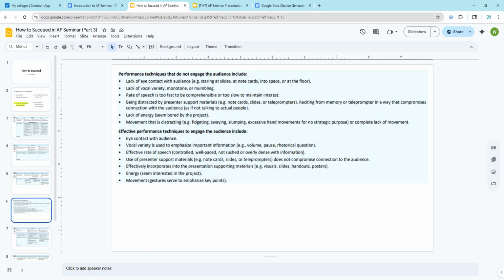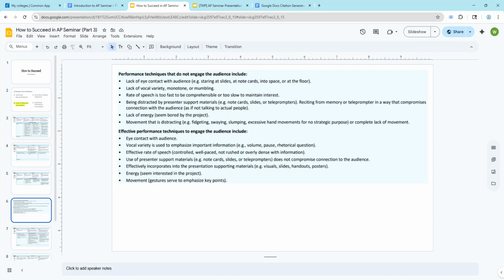So, now let's talk more about performance techniques that are not helpful versus those that are extremely helpful. Performance techniques that do not engage the audience include lack of eye contact with the audience, staring at slides, at note cards, into space, or at the floor; lack of vocal variety, monotone, or mumbling. Rate of speech is too fast to be comprehensible or too slow to maintain interest.